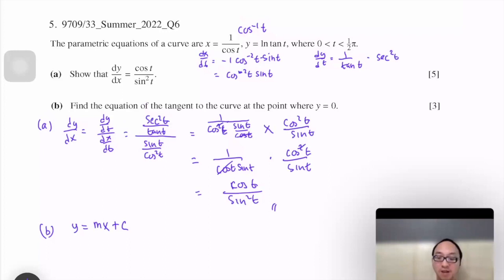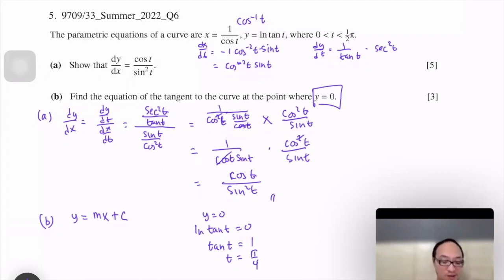Given that y equals 0, ln tangent t equals 0. That means tangent t equals 1, t equals pi over 4. Now, when t equals pi over 4, the gradient is cos pi over 4 divided by sine square pi over 4, and this equals square root 2.